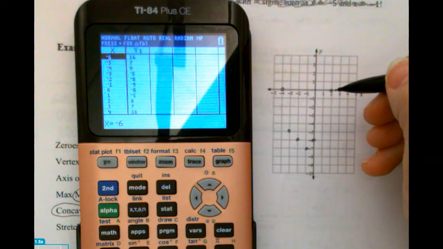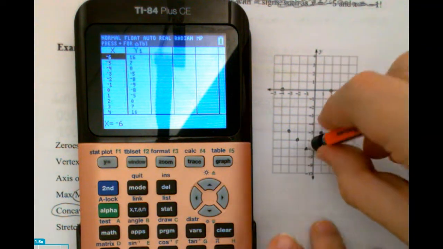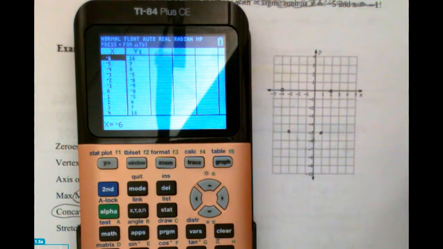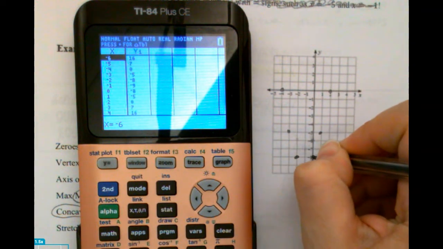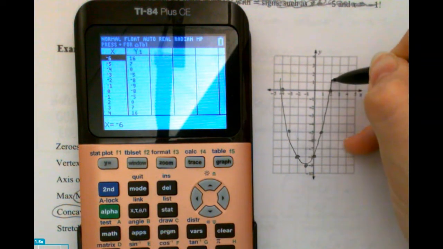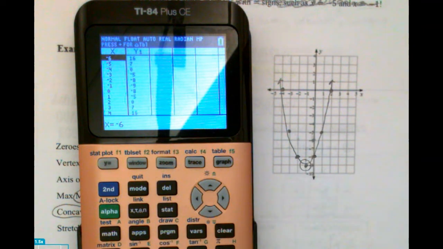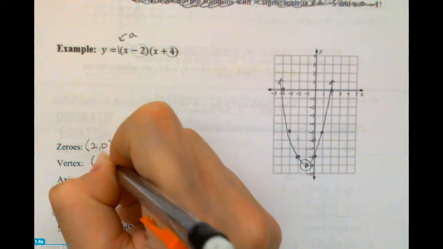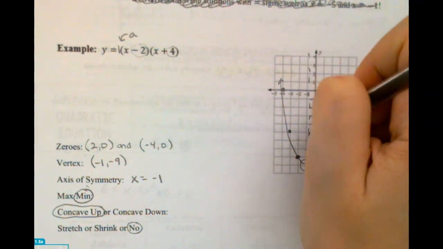Wait a second. Oh, there we go. These should go down more. Okay, sorry. So -3, 8 down here, -1. There we go. That looks better. Okay, so now I've got my curve. And now I can see there's my vertex right there. And that is at -1, -9. So my axis of symmetry is at x equals -1, which is that invisible line that goes through here.